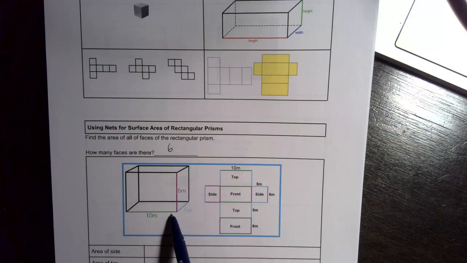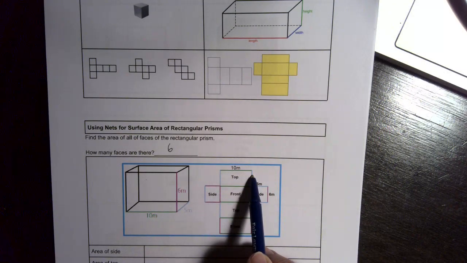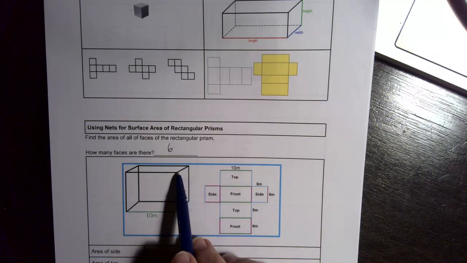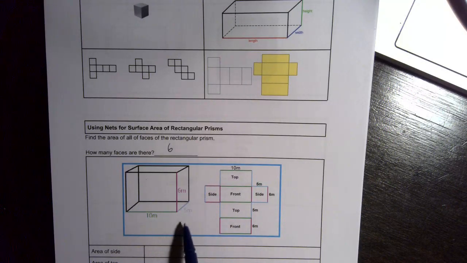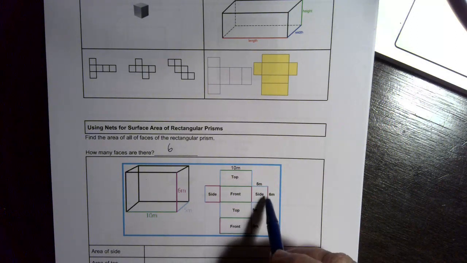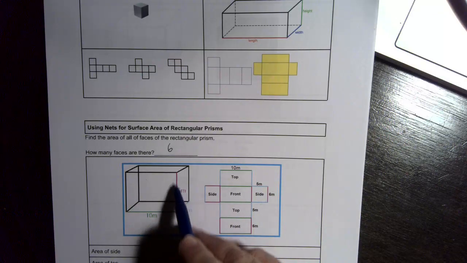So my green matches up with my green over here, and my pink, that's my 6, and then I have my light blue, and I know it's hard to see, but my light blue is a side of 5. So if I'm looking at the area of the side, it's made up of the blue and the pink.